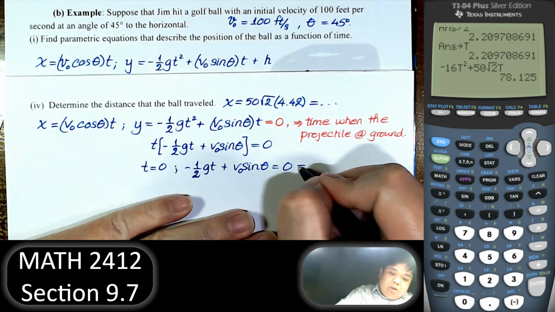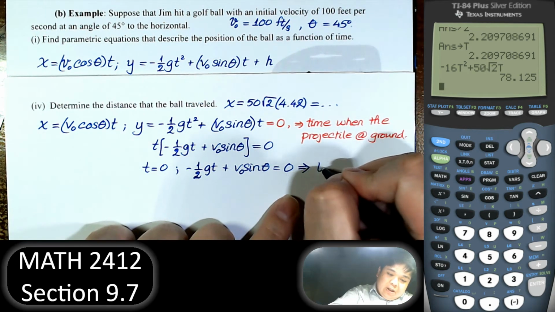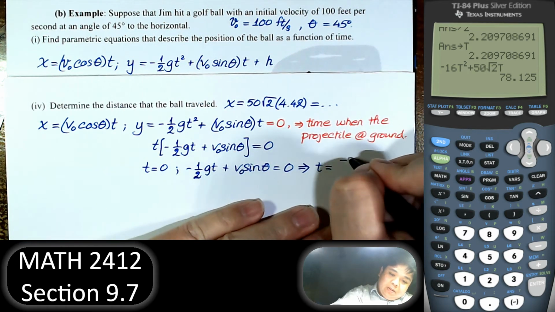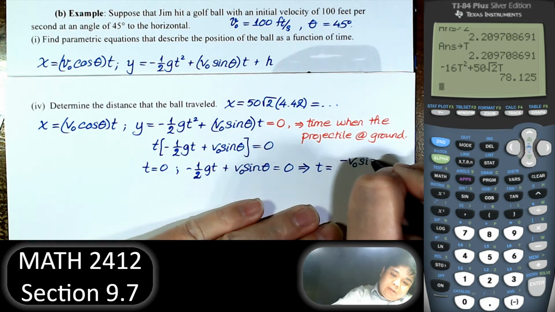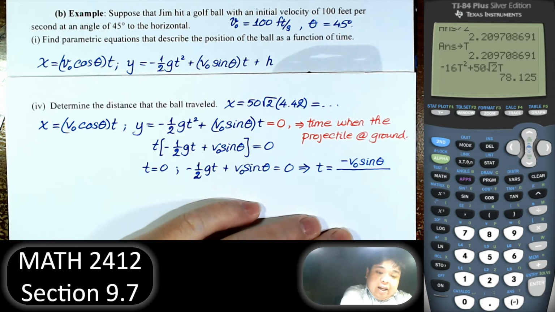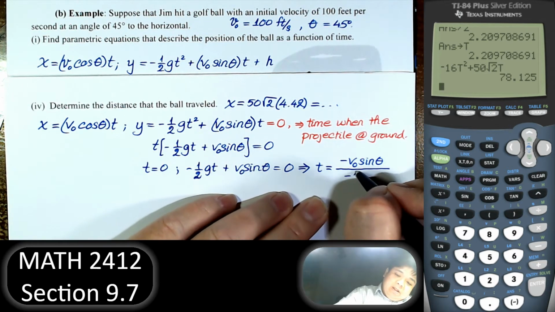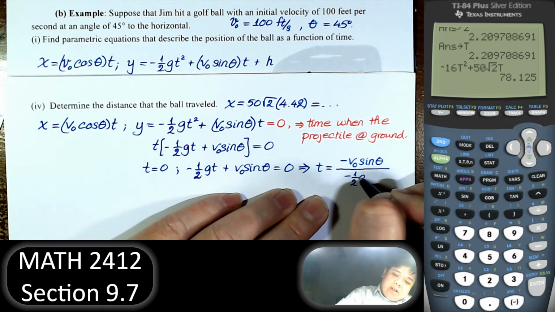Now if we want to solve for t, move that to the other side, then divide by negative 1/2 g.